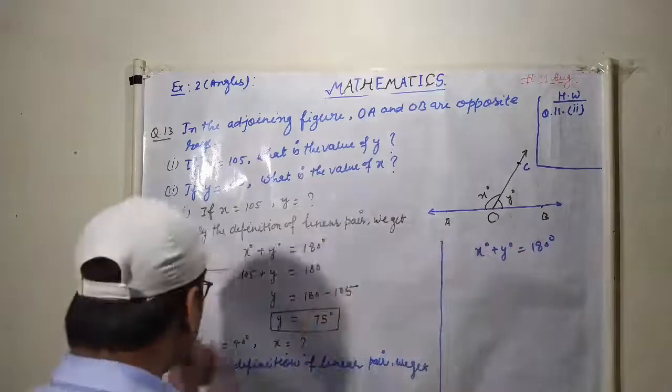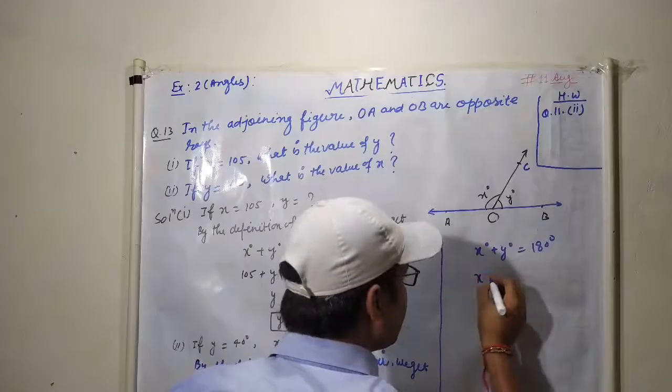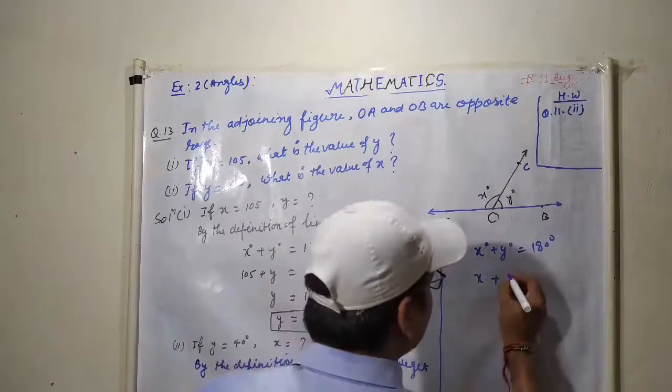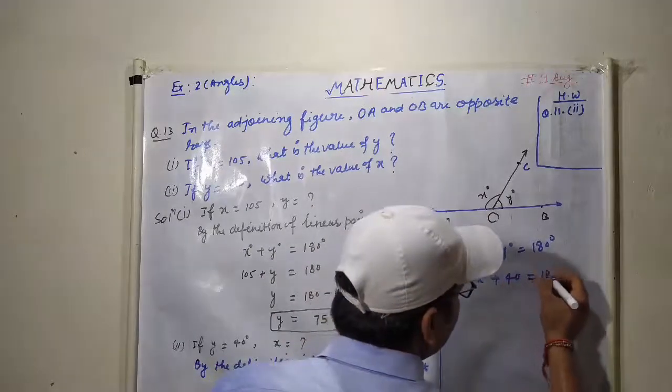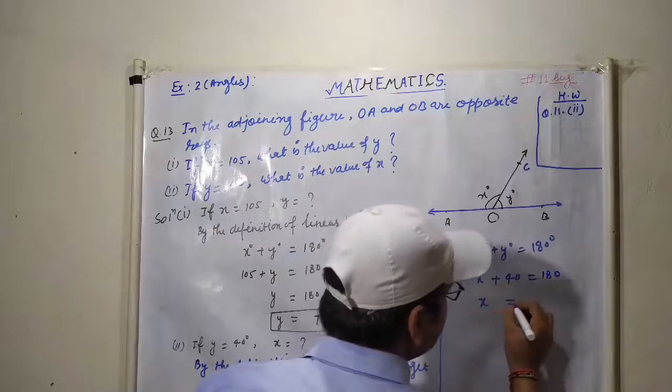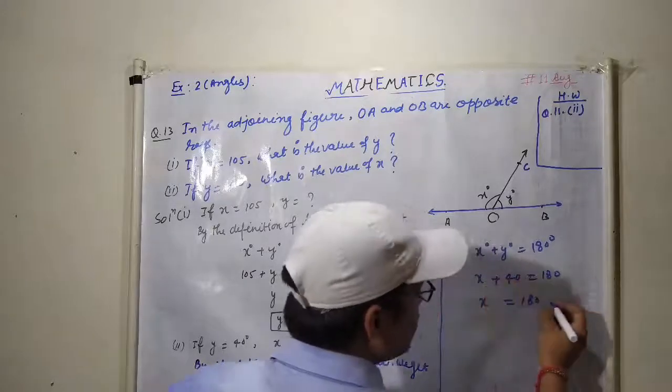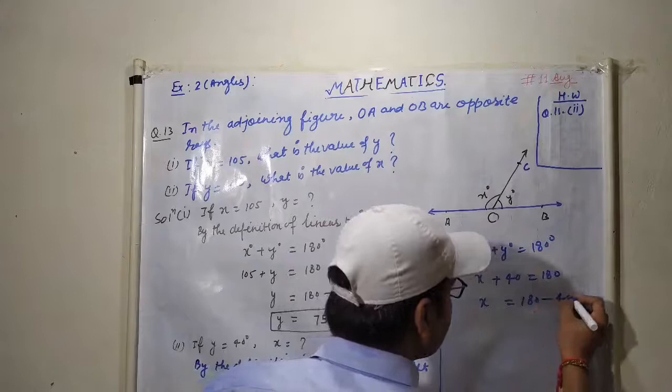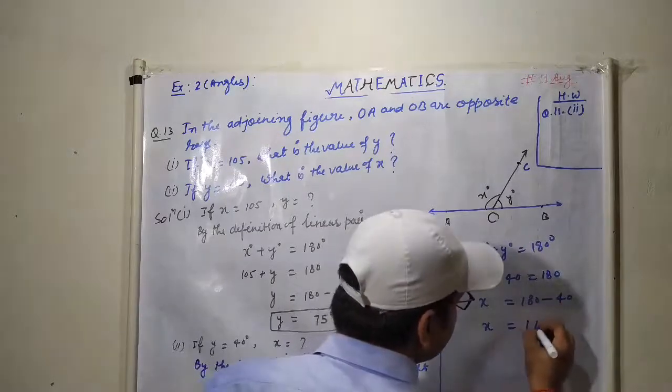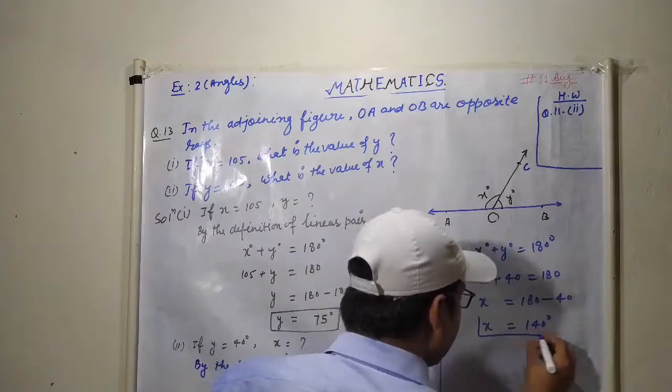So here I'm going to put the value. x is not given, y is given: x plus 40 is equal to 180. So x is equal to 180, 40 goes to that side, plus 40 changes into minus 40. So x is equal to 140 degrees.